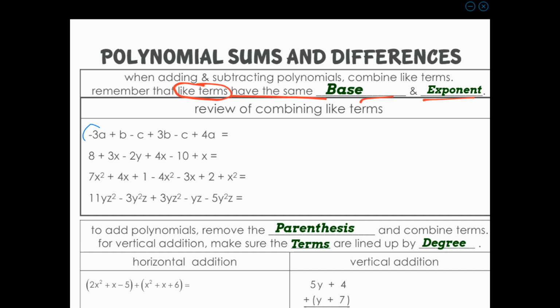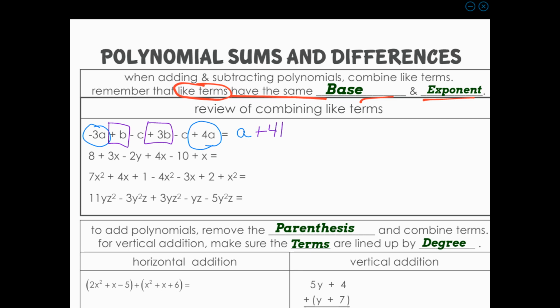So in this first review on here, I've got a negative 3a, and the one that matches it is a positive 4a. So what is negative 3a plus 4a? 1A. Just 1A. Right, the opposite sign, so you're going to subtract them from each other. Then I've got a positive B and a positive 3B. 4B.